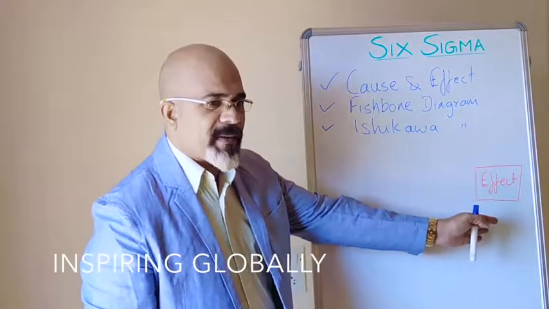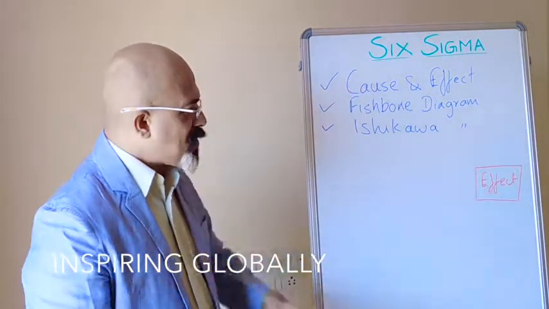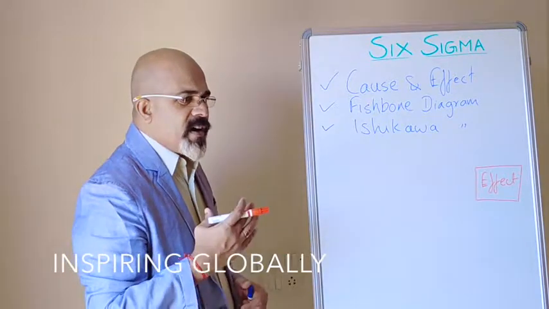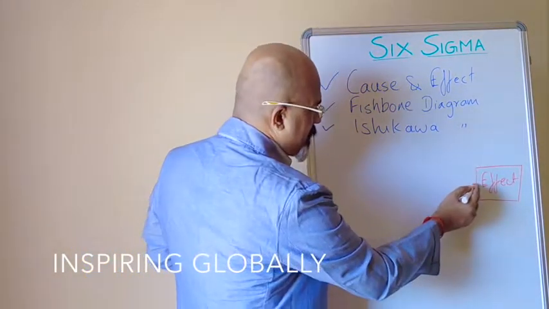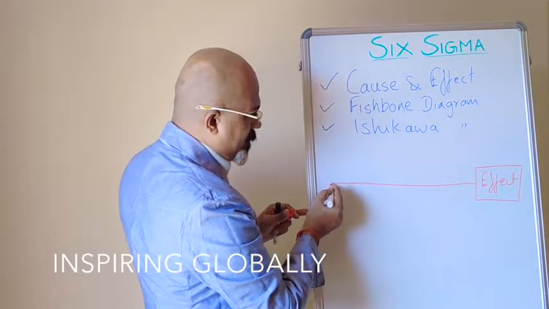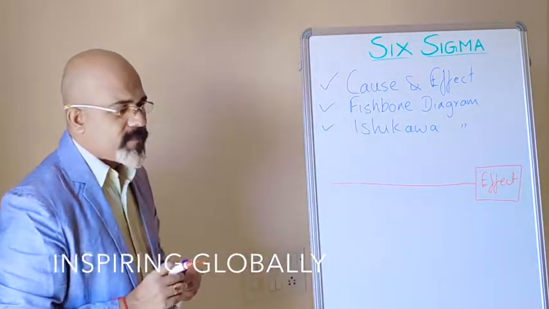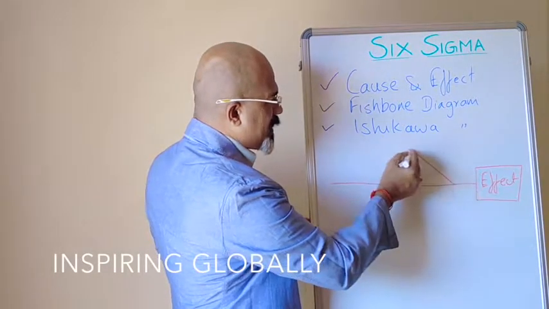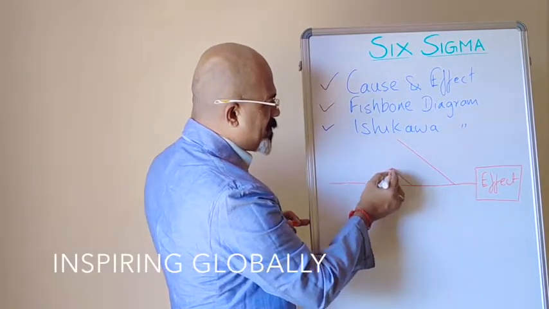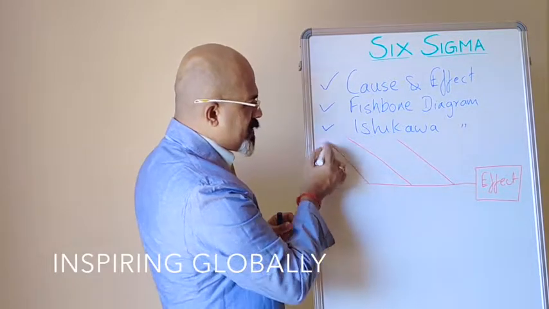So why did this happen? Then you need to draw a main bone, something like this, right? And then you can put what we call 5M or 6M.